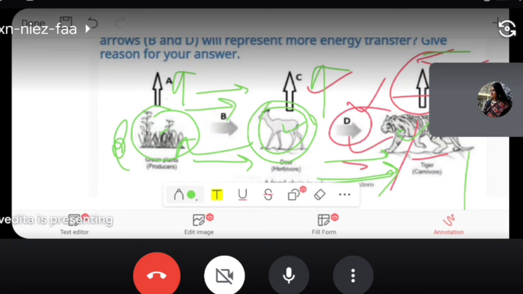That's why this B arrow in the horizontal case is higher, because from the plant this is coming, and from the deer to the tiger the energy will be decreased. That's why B is higher. Okay.